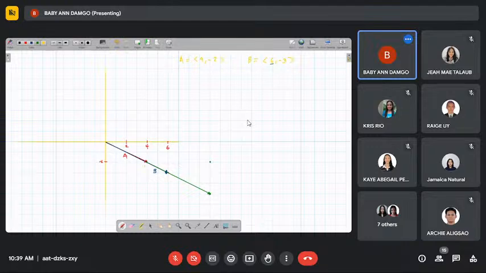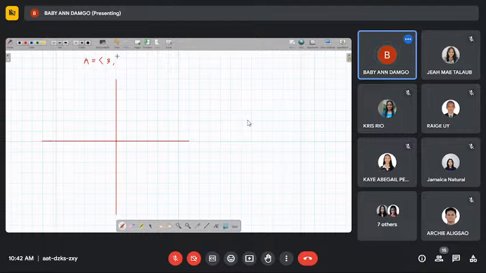So, for number 1, if we find the difference, so I will create first. So, if A is a vector 3, negative 1, and then B is a vector negative 4, 5.